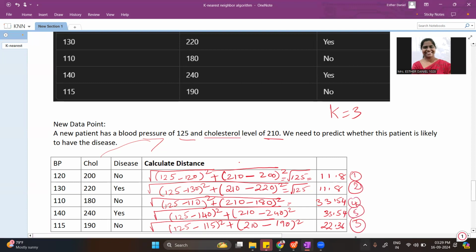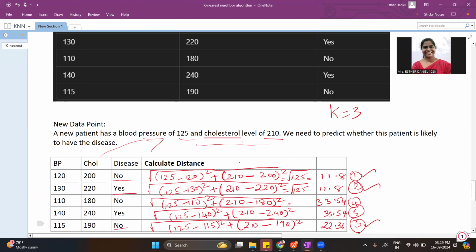So this is how we sorted it. When k equals 3, we take the three nearest neighbors, so we take 1, 2, and 3. These are the three neighbors to the new patient's value. Now what are the classes for these three? One is no, and for this the disease class is yes.